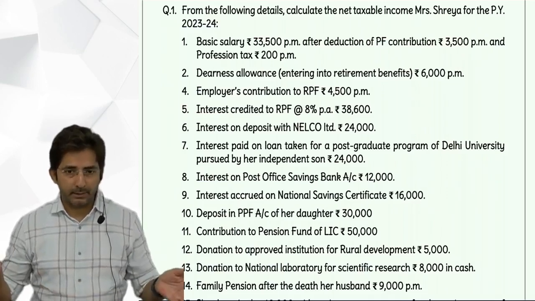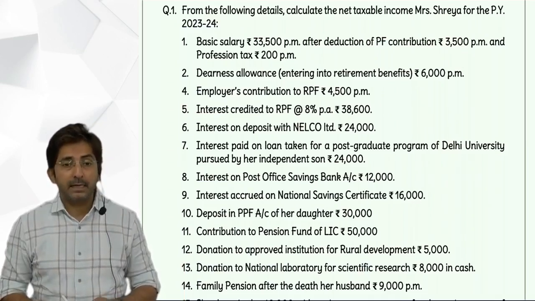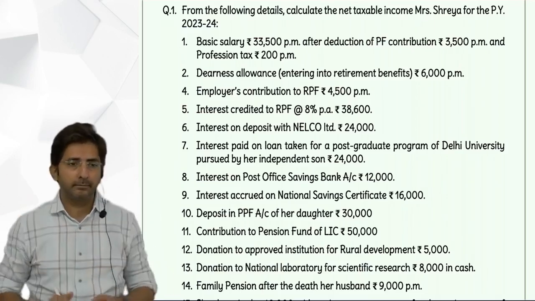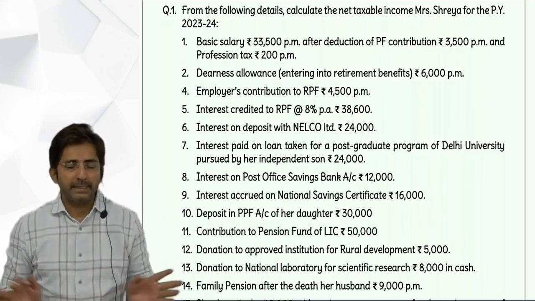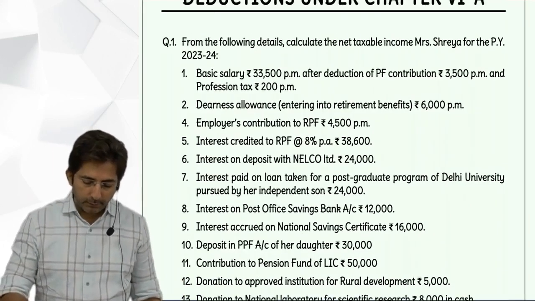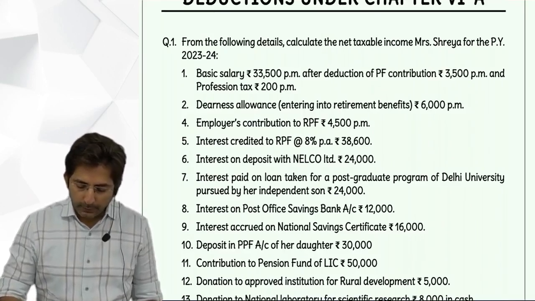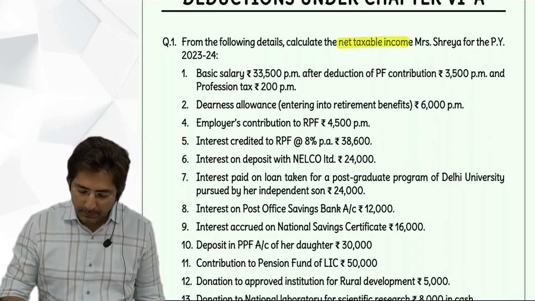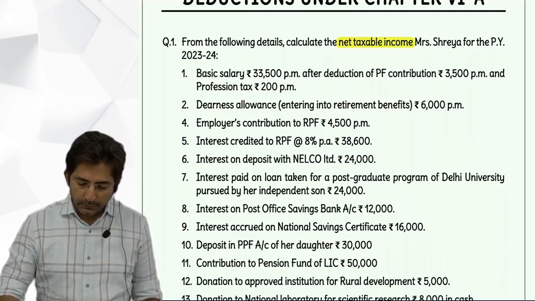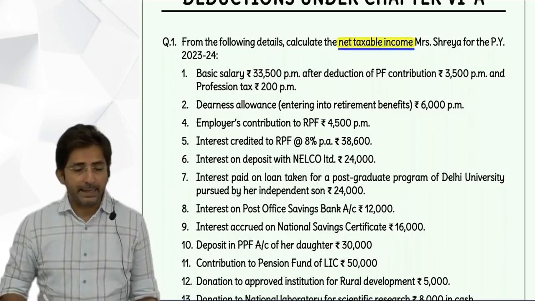Calculate chapter 6A. What is the thing they will ask? They will ask net taxable income, or sometimes they will ask total income. Read the first line in the question: from the following details, calculate the net taxable income. You should observe this. Whenever it is chapter 6A, in the question they will ask net taxable income.